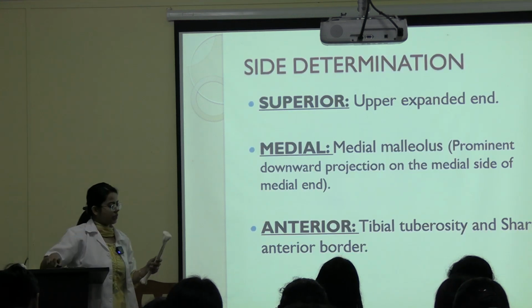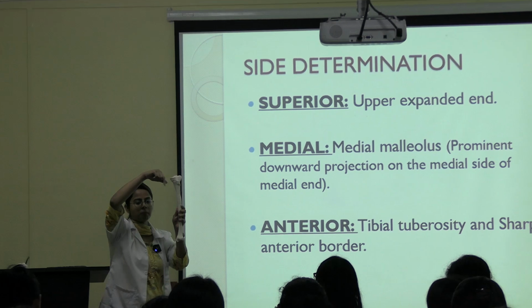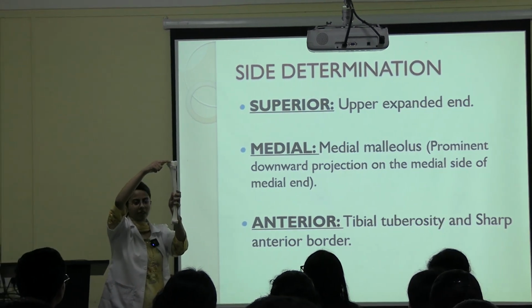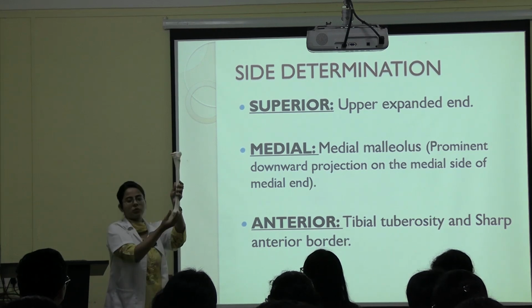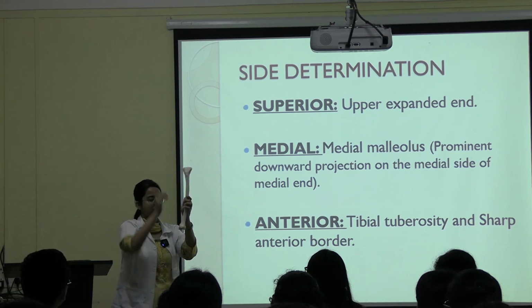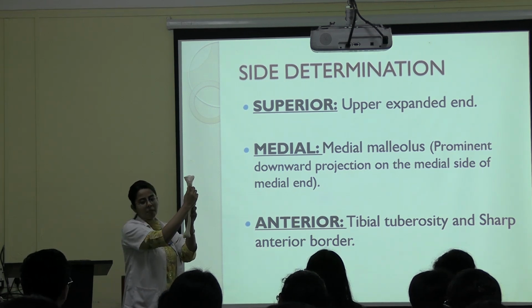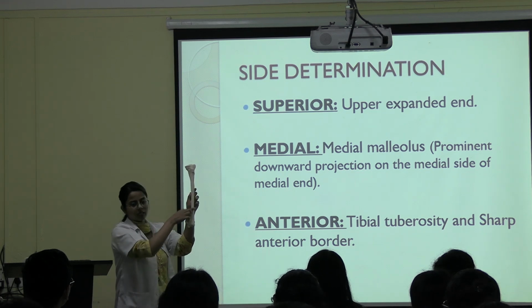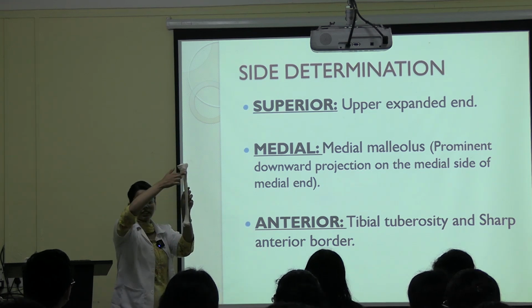Now this expanded part, you can see this expanded part, last bench. It is expanded as compared to the lower end. It should be present superiorly. Clear? This elevated part is known as the tibial tuberosity, and this sharp border, you can see, it is the anterior border.